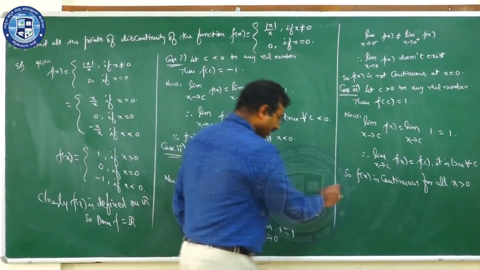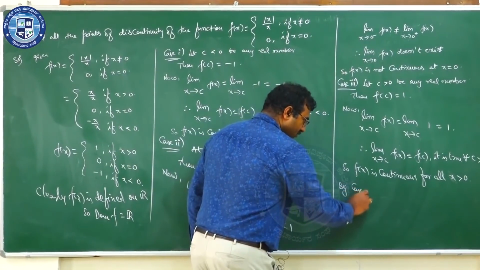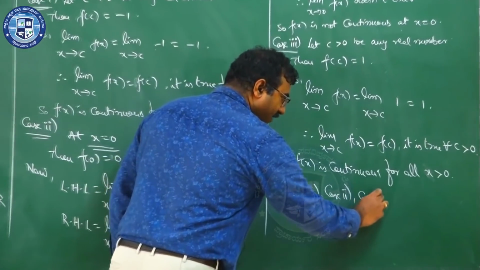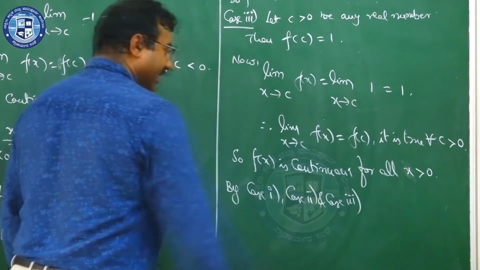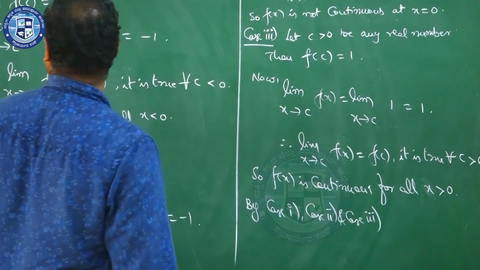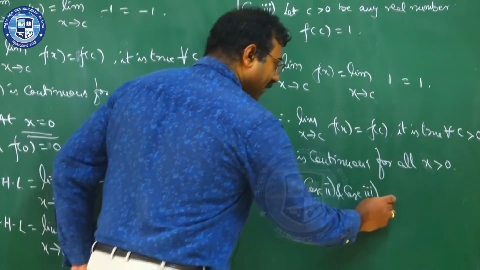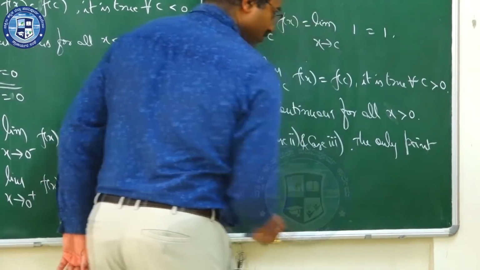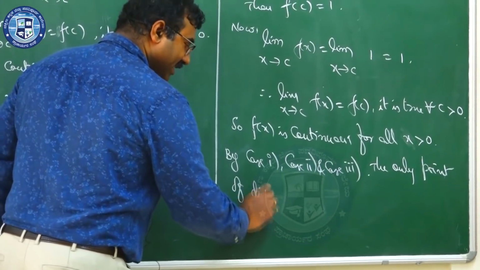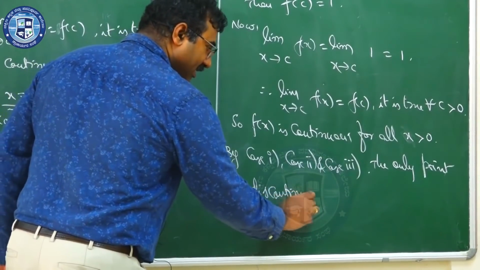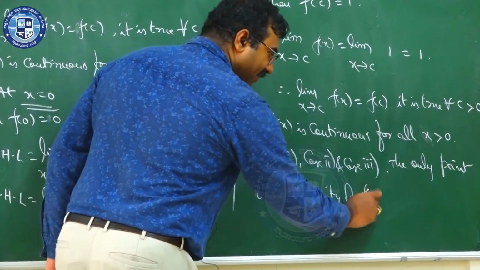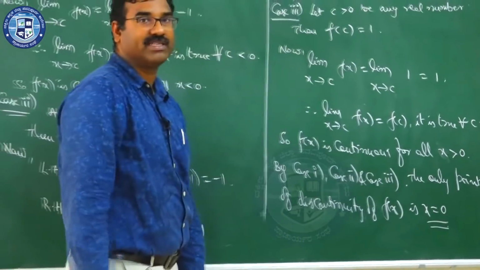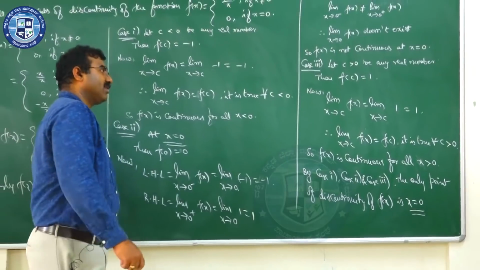So by case 1, case 2 and case 3, the only point of discontinuity of f(x) is x equal to 0. This is the only point of discontinuity for this function.